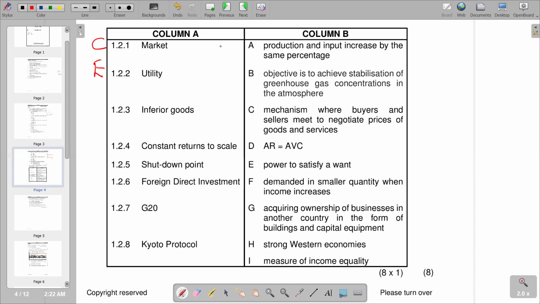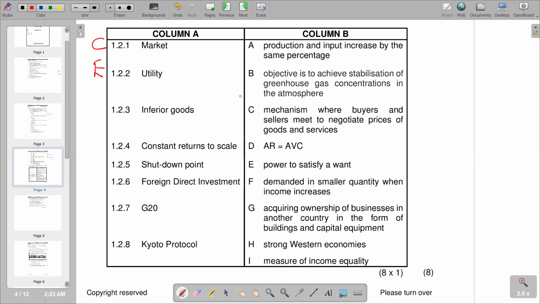So when income increases, demand goes down, which is a negative relationship between the income of consumers and demand. So we are saying if the income of consumers increases, we are going to notice a decrease in the demand of those products.